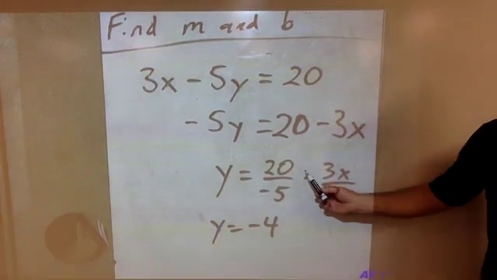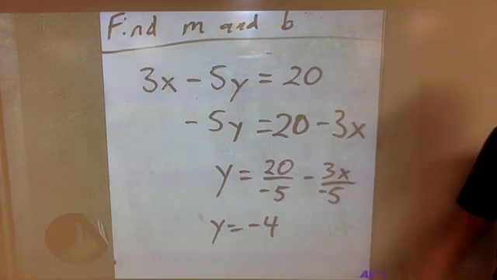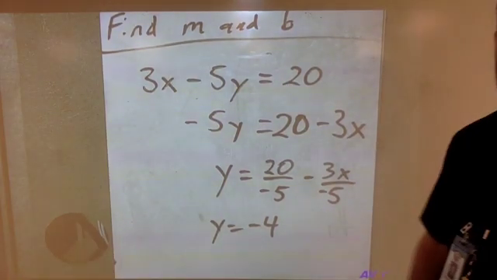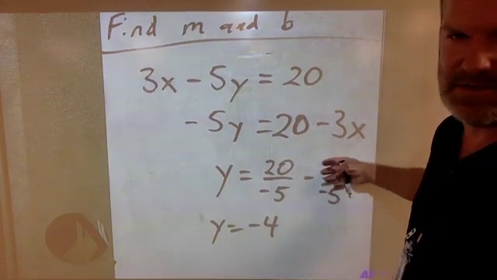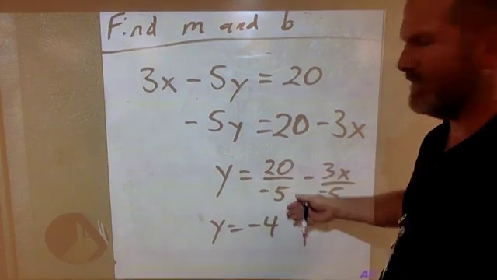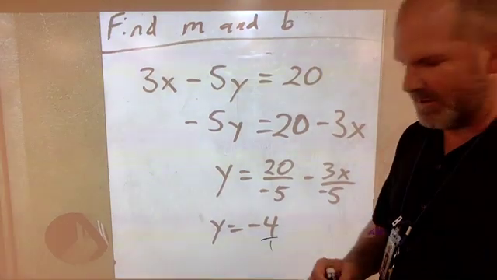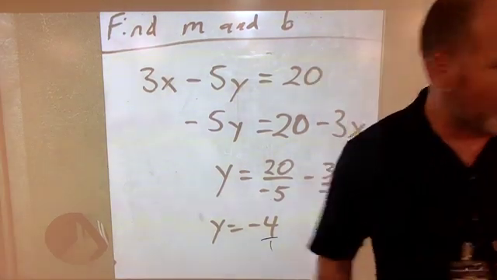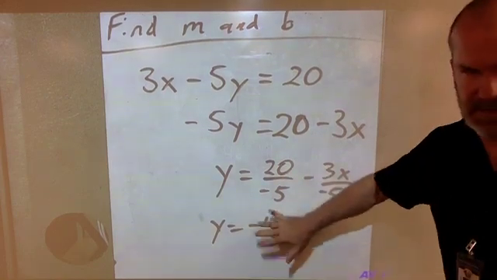And this is a negative divided by a negative. That makes a positive. But what is 3 divided by 5? It's some crazy decimal that I don't even care about. You don't have to turn this into a decimal. All you have to do is reduce your fractions. 20 over 5 reduces to 4 over 1, and I don't need to see 1 as a denominator. Well, at least not for y-intercept. So that's all. If it goes into there evenly, you're good.